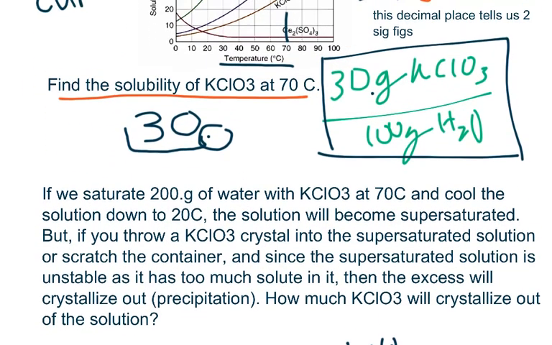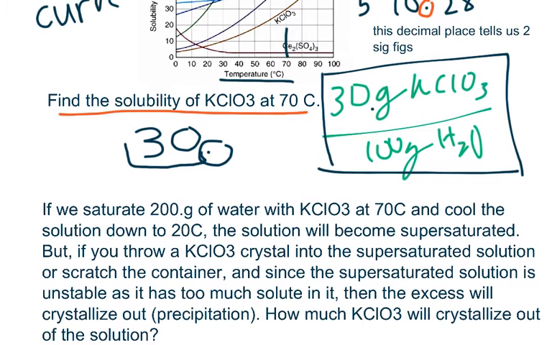Now, let's talk about supersaturation by looking at this problem. If we saturate 200 grams of water with KClO3 at 70 degrees Celsius, and then cool the solution down to 20 degrees Celsius, the solution will become supersaturated, as mentioned in the previous video.